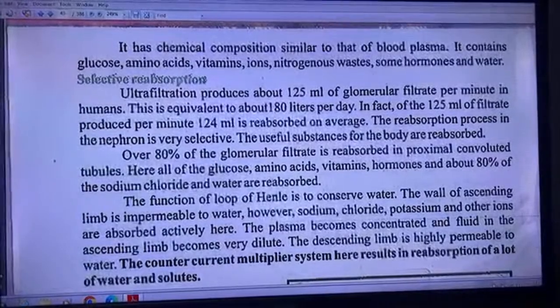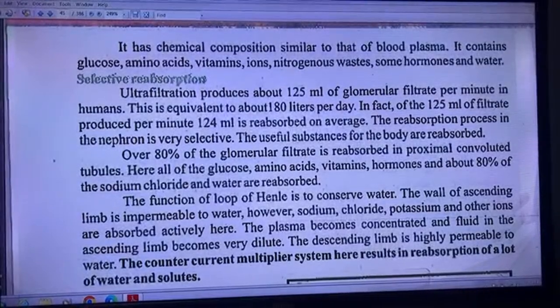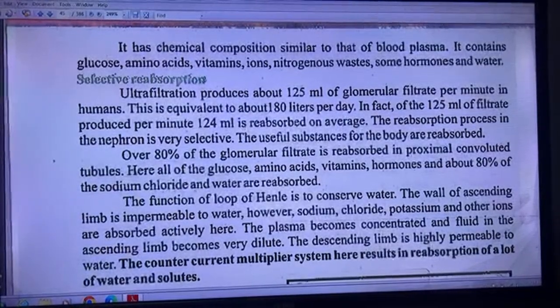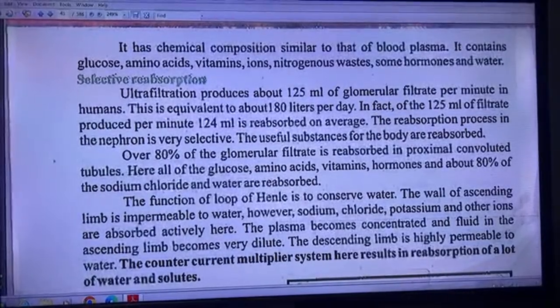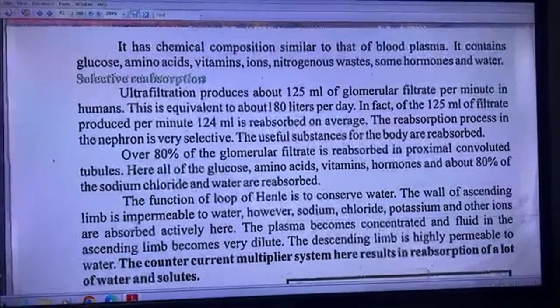The reabsorption process in the nephron is very selective. The useful substances for the body are reabsorbed. Over 80% of the glomerular filtrate is reabsorbed in the proximal convoluted tubules. Here, all of the glucose, amino acids, vitamins, hormones, and about 80% of the sodium chloride and water are reabsorbed.